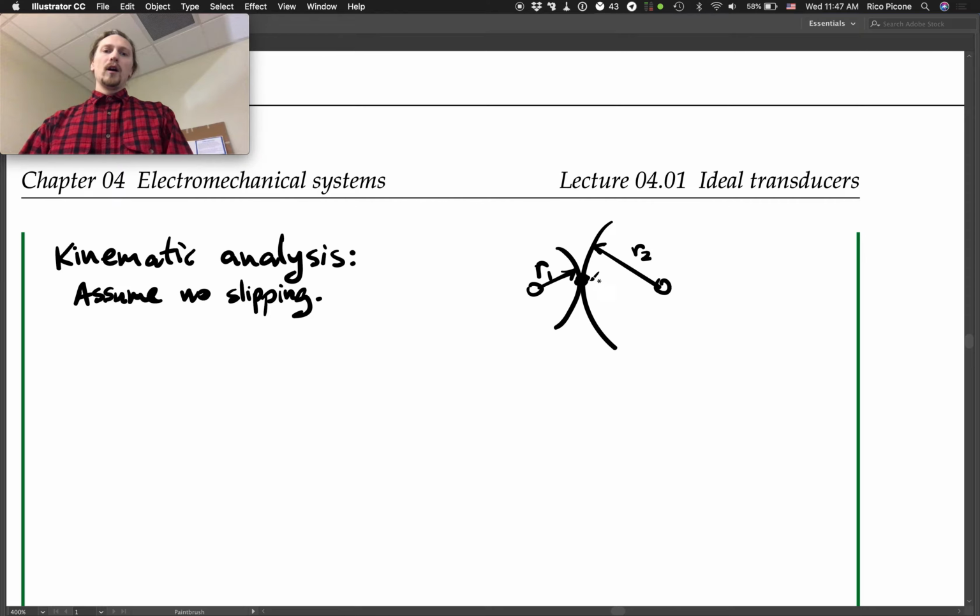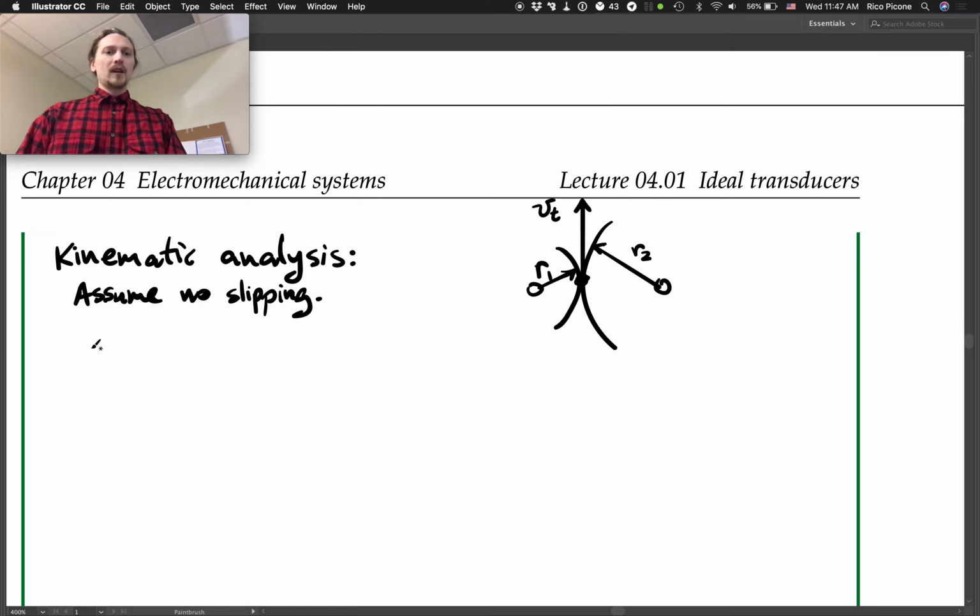What do we know about the rectilinear velocity at that point, or tangential in this case? They're equal, right? The tangential velocity on both of those cylinders is the same at that point. If they're not slipping relative to each other, they can't have a velocity that's different.